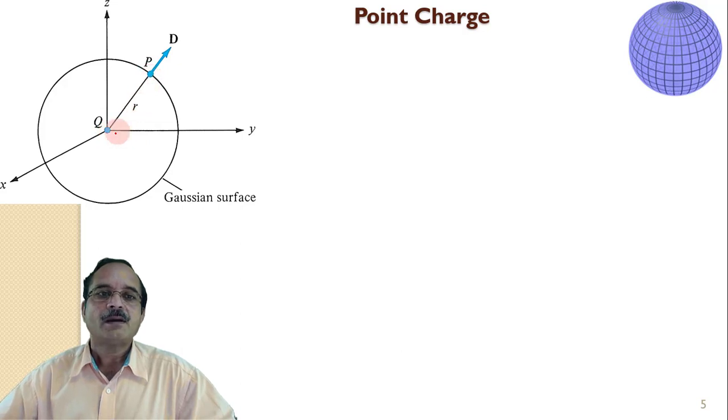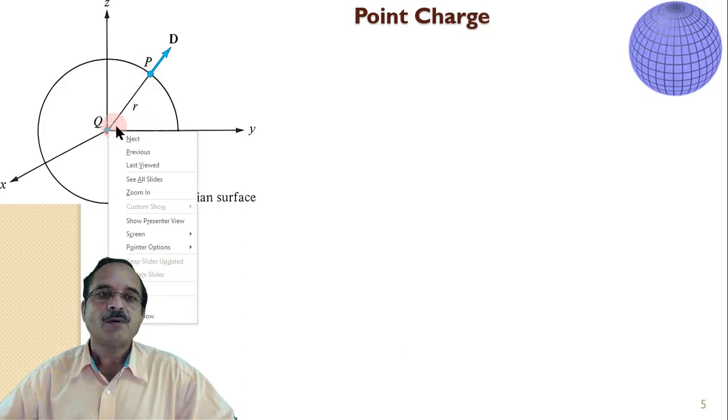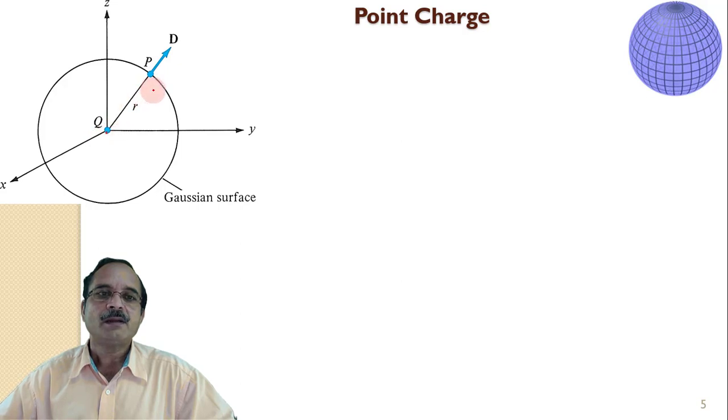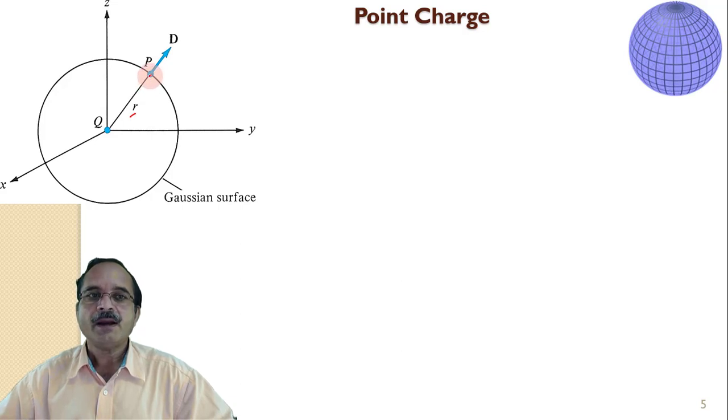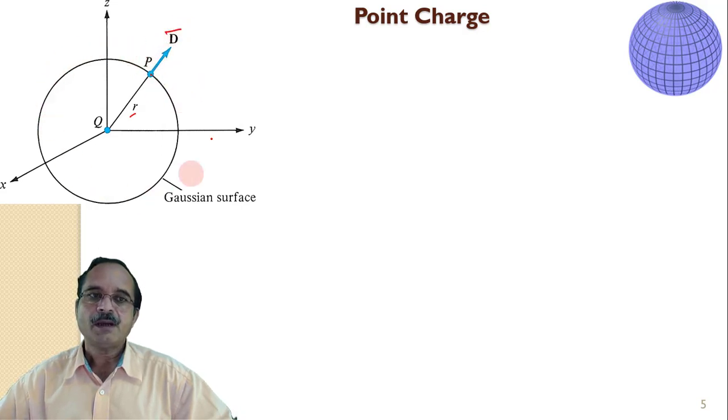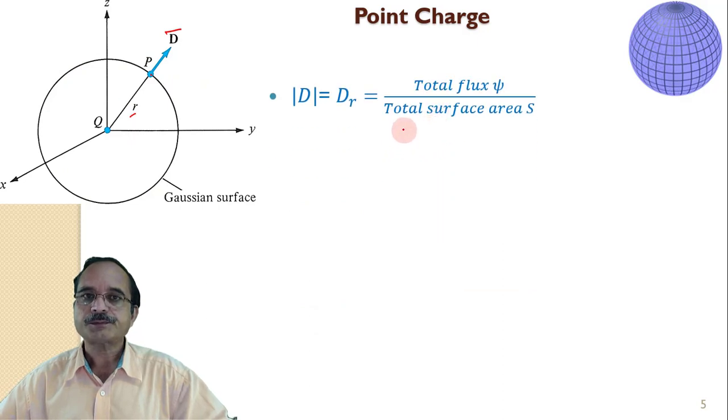Now this is the unknown charge q, and we are assuming this charge is enclosed within the sphere of radius r. Let us assume there is some point P here lying on the sphere, and at this point P, this is the electric flux density D. So we'll apply Gauss law now. Now the electric flux density is the total flux psi divided by the total surface area of this sphere.